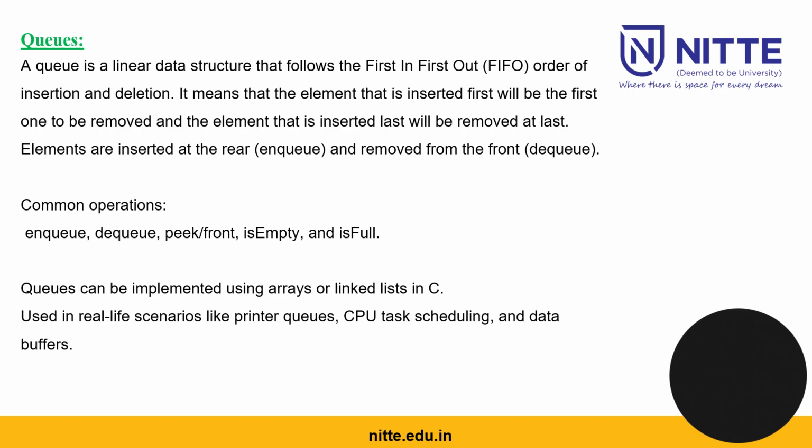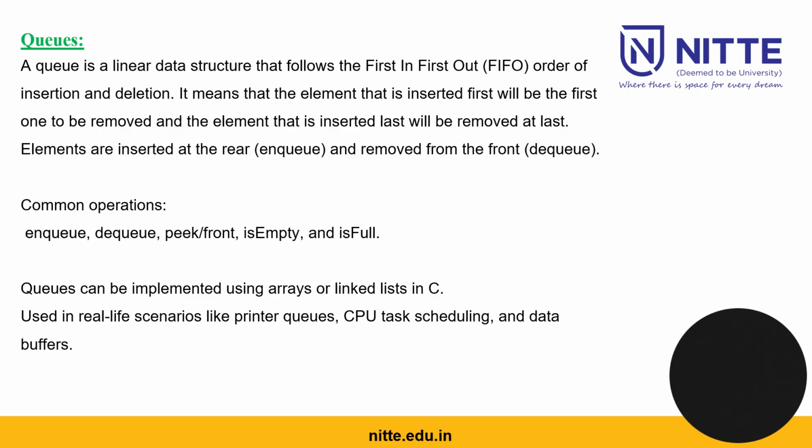So here it has two ends basically. One is the rear end and another one is the front end. That means from the rear end we will enqueue the data, meaning push the data into the queue, and we will remove the element from the queue, and that process is called dequeue.